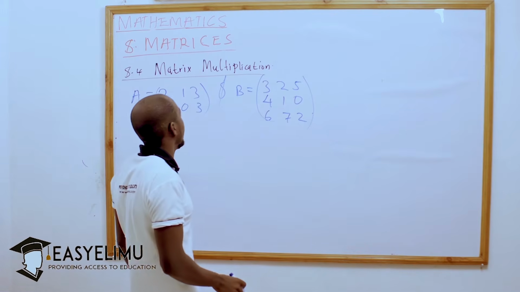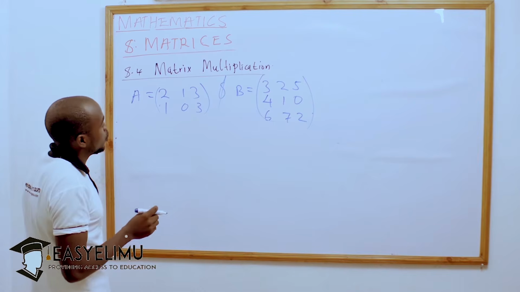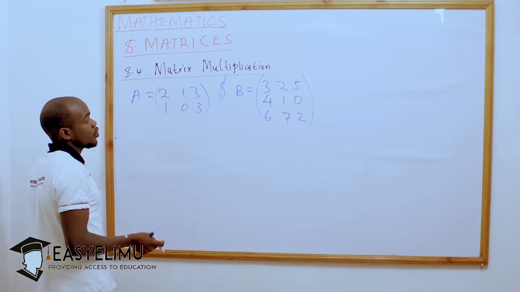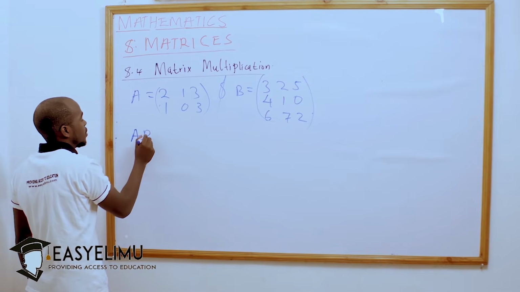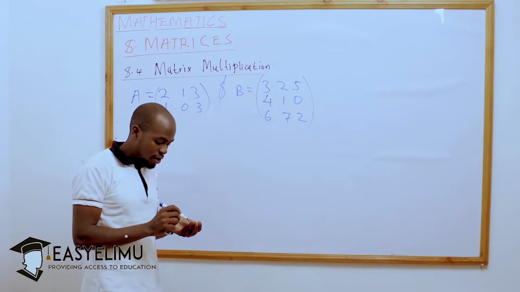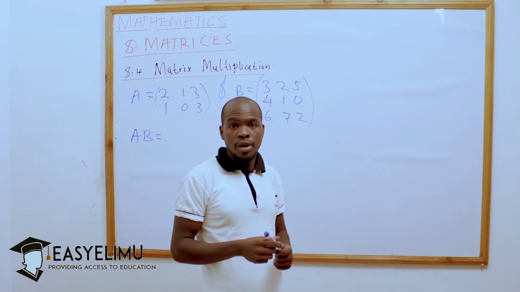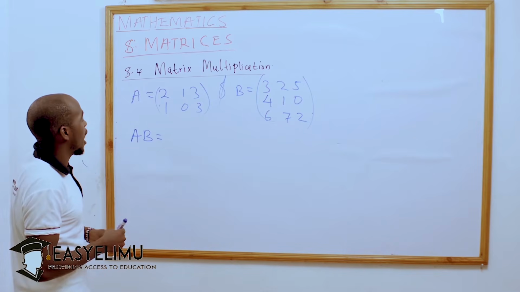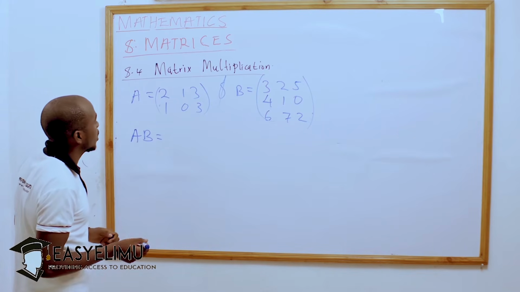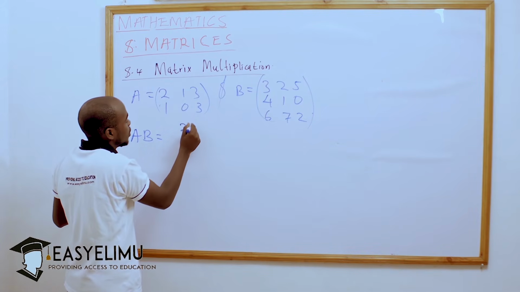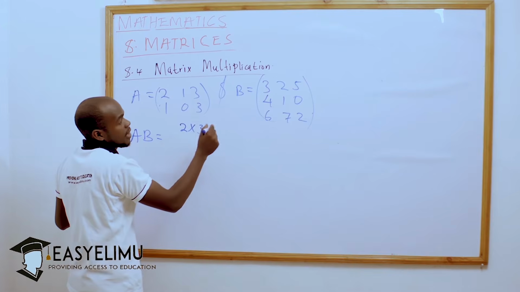Find AB. What you should do here, I will just give you a hint. If you are being asked to find AB, what you should do first is identify if the two matrices are compatible. If they are compatible, then you are free to work out as we were working out. For example, this one has 2 rows, then 3 columns.